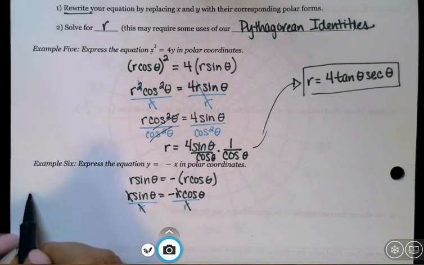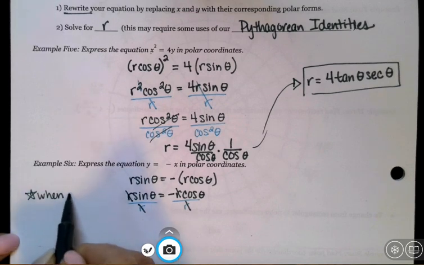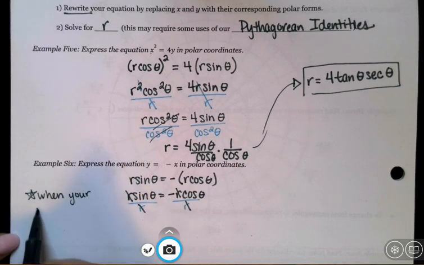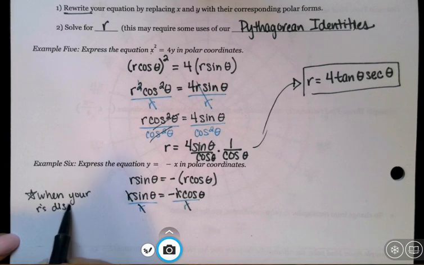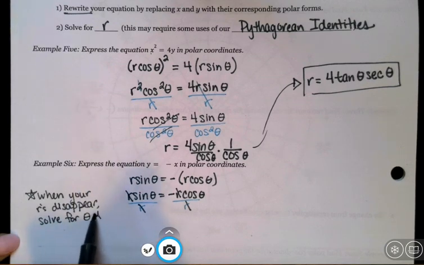So let's make a note on the side. When your r's disappear, we are going to solve for theta.